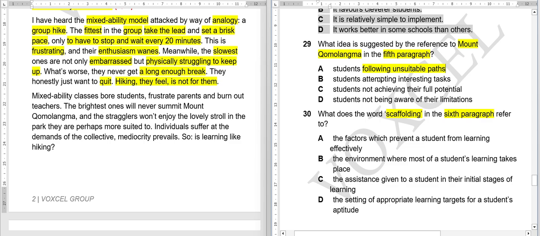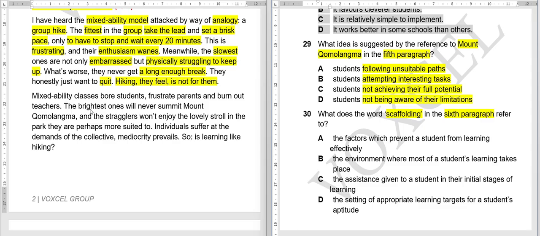Students attempting interesting tasks. If the students are attempting interesting tasks only, B will be our answer. Students not achieving their full potential. If students are not able to achieve their full potential, then C will be our answer. Students not being aware of their limitations. If students are not aware of their limitations, of their shortcomings, then D will be our answer.